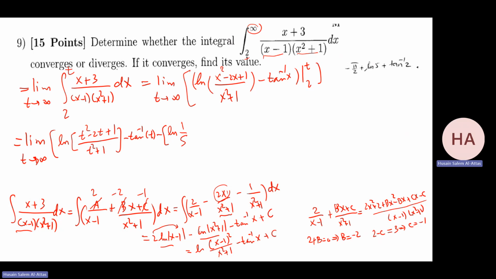Substitute the 2. I have 4 minus 4 plus 1, that will be 1, and this is 5, minus tan inverse of 2.